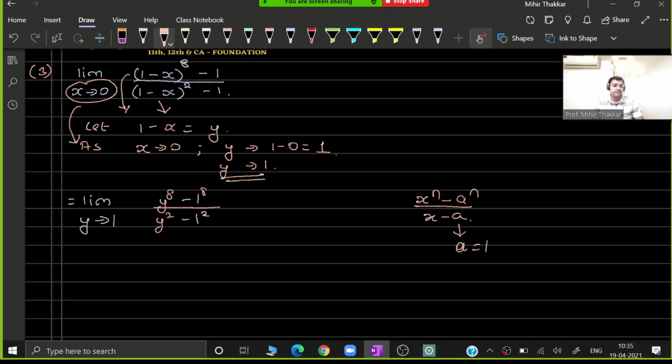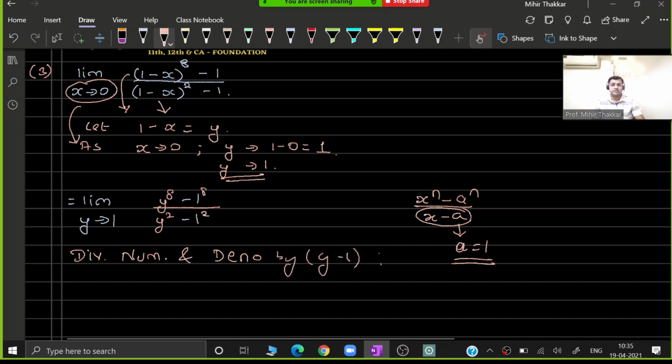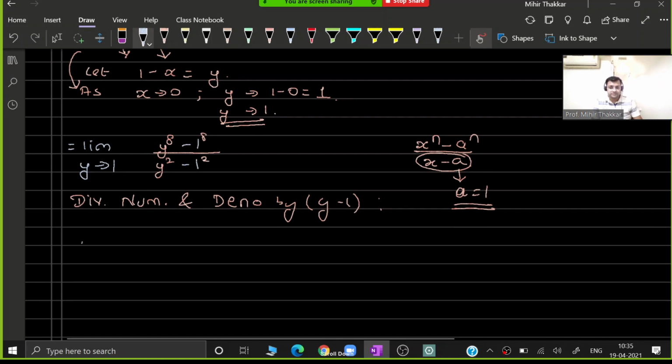Obviously the a value is 1. So what do we have to do, can you tell me? Dividing numerator and denominator by y minus 1. So when you divide this by y minus 1, what will you get?